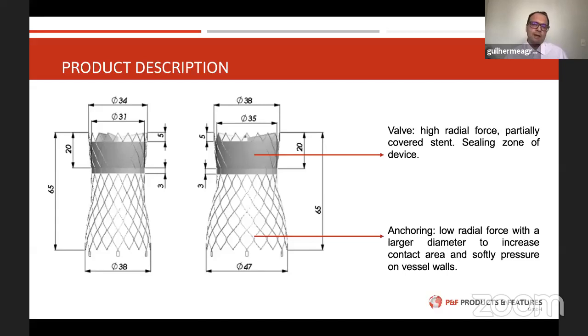Then again, we have a stent with different properties and characteristics at different levels to have the appropriate fixation and sealing of this device. Again, we have a valve specifically for the venous application with soft leaflets to avoid a high gradient and to allow the full movement of this device in a different blood flow with low pressure and very low velocity.